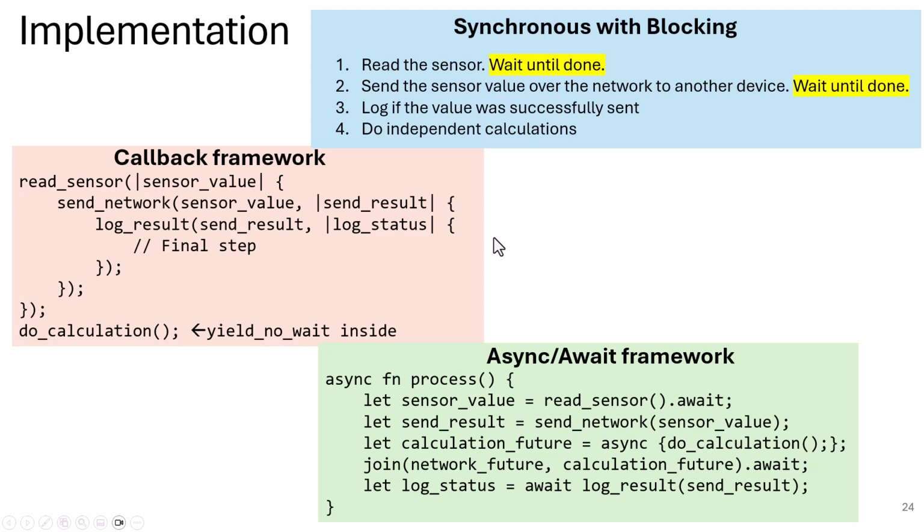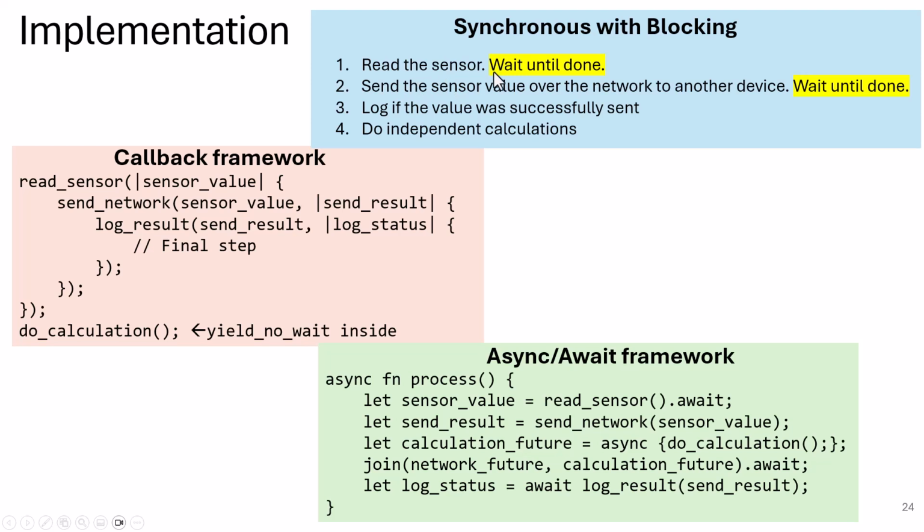This is more pseudocode to do a comparison. Synchronous with blocking is kind of straightforward. Let's say we want to read a sensor. You could read the sensor, then wait till it's done. This is like that first pattern, where we were sending data out of the network hardware and just sat there and waited in the network part of the code until it was done.